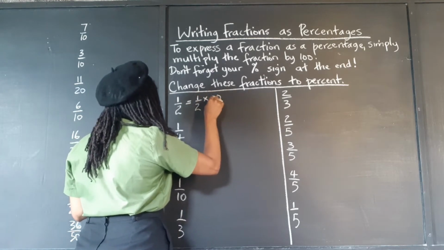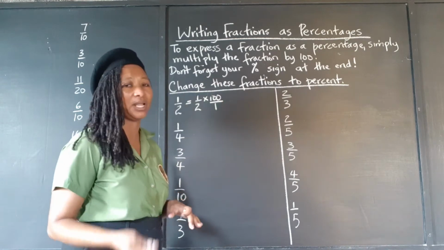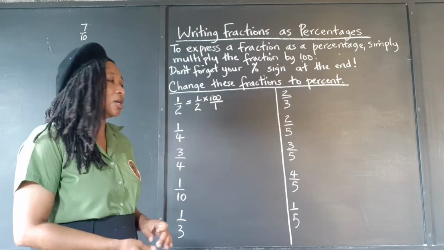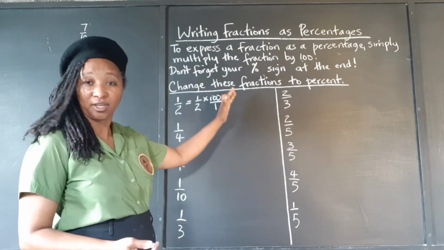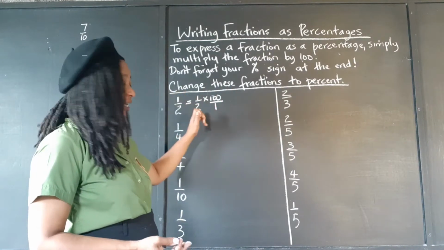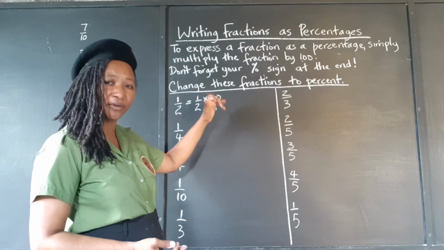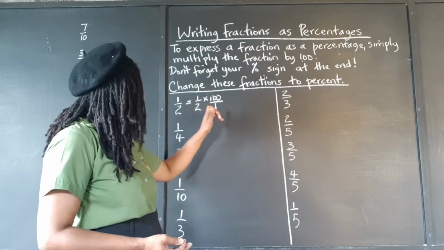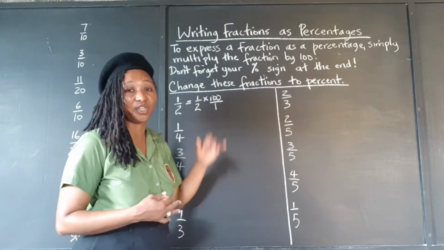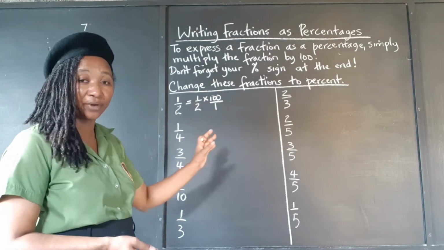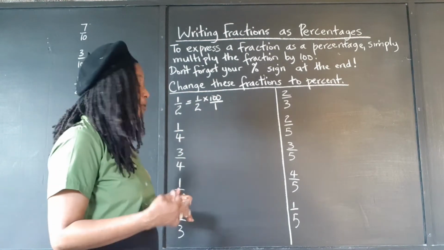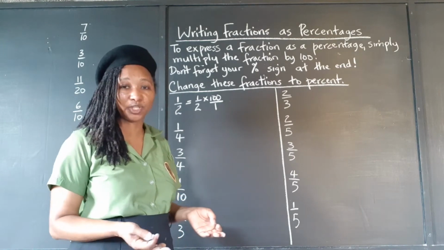You can put it over 1, you don't absolutely must. Sometimes you like to just see it orderly, because we have a numerator and a denominator. The 1, however, in the denominator does not make a difference to the overall operation that we're doing. Dividing by 1 will give the same result.